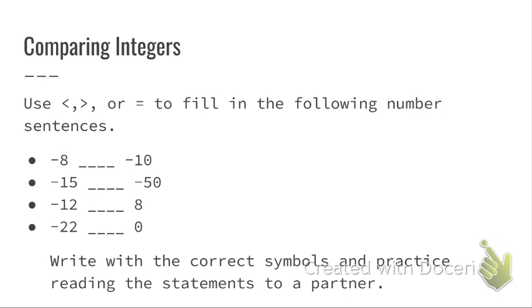Take a moment, pause me if you need to, to think about what symbols should go into each one of those. In class, I'll give everyone some time to think about these, and then after we fill them in, I want you to practice saying how it would be read. All right, pause me if you haven't given it enough thought.